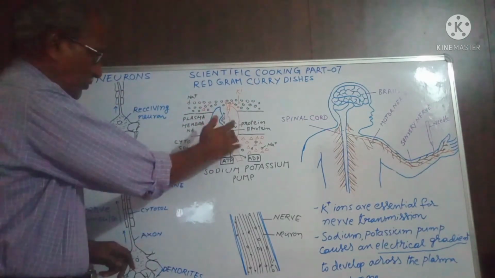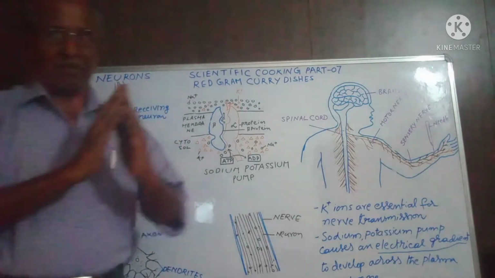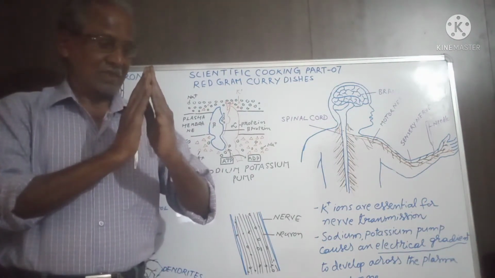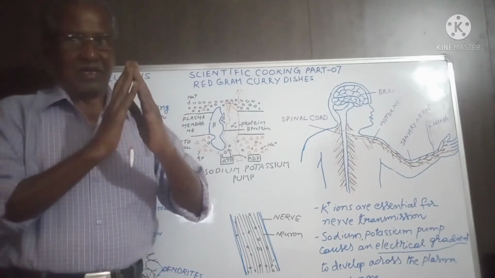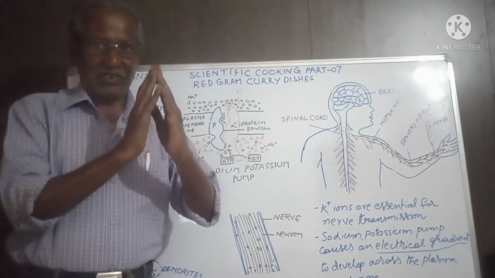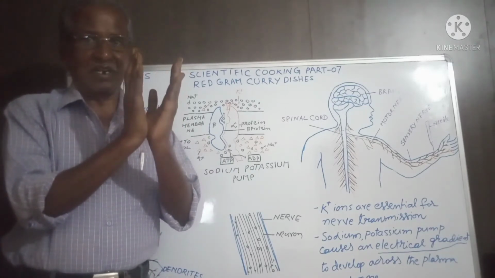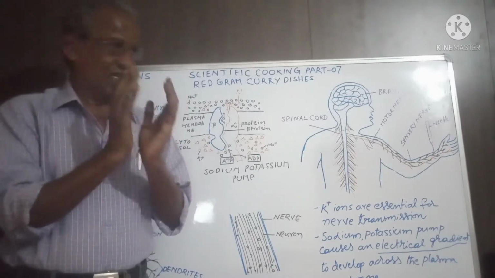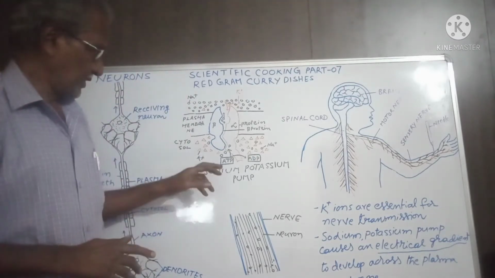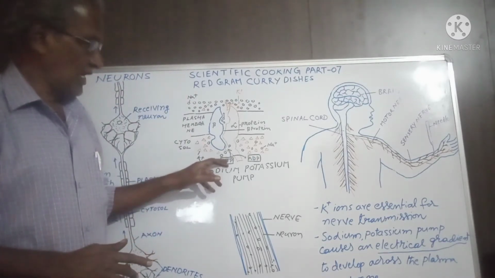Here these proteins are in the closed state like this and sodium ions are here. This has to open for the release of sodium ions. For this release, energy is required. Energy comes from ATP molecules.